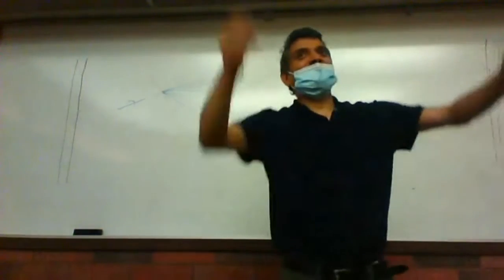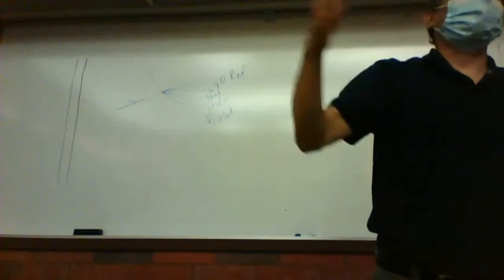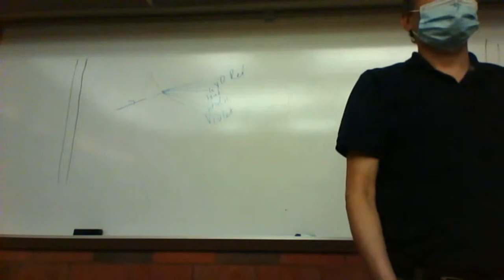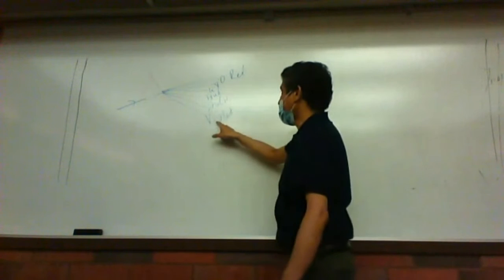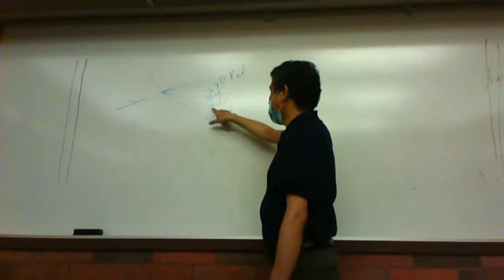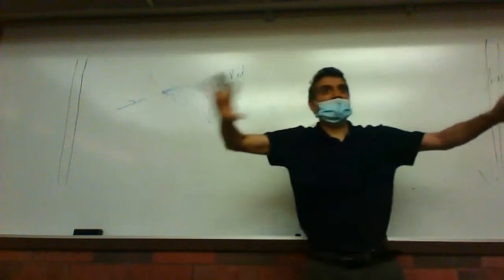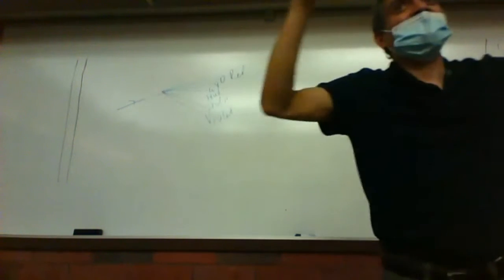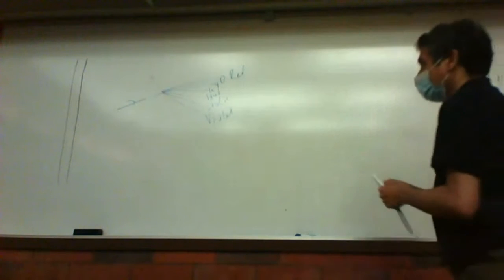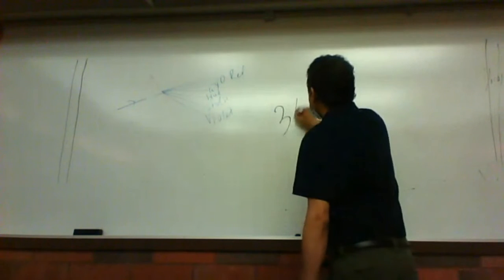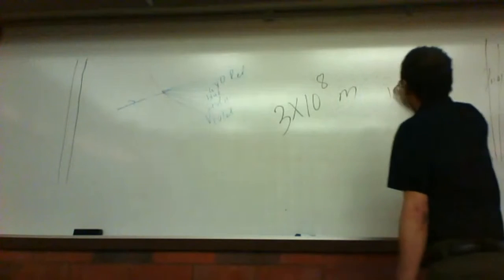So all light starts at the same time from the sun, and they come at the same time to the earth. So their speed is the same. So what is the speed? The speed of violet, the speed of indigo, the speed of blue, all these kinds of light, all electromagnetic radiation have the same speed. They travel 3 multiplied by 10 to the power 8 meters in 1 second.